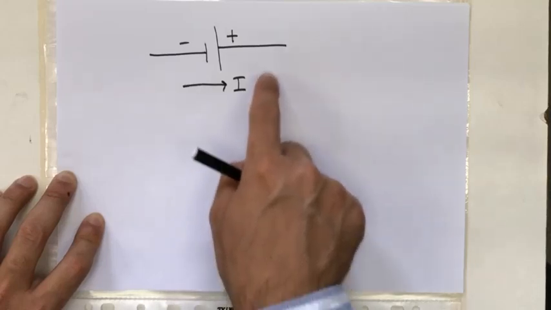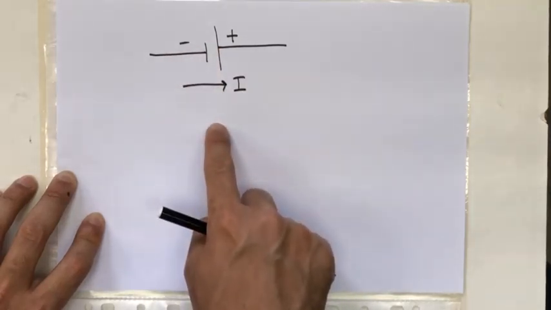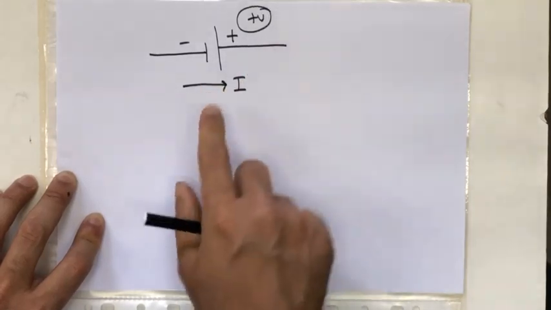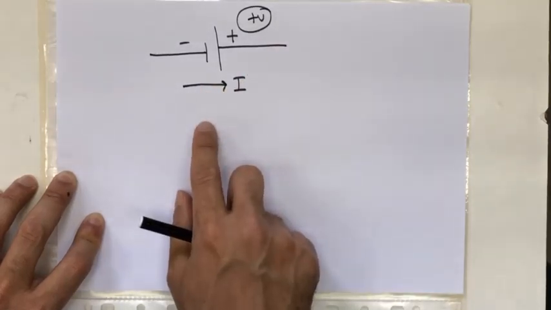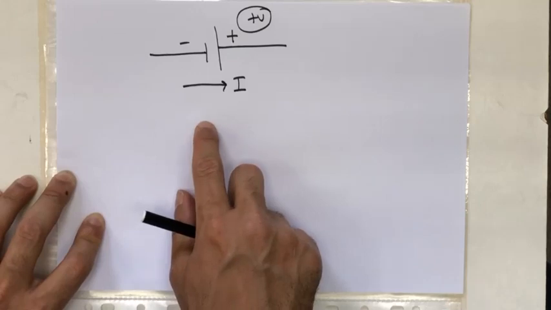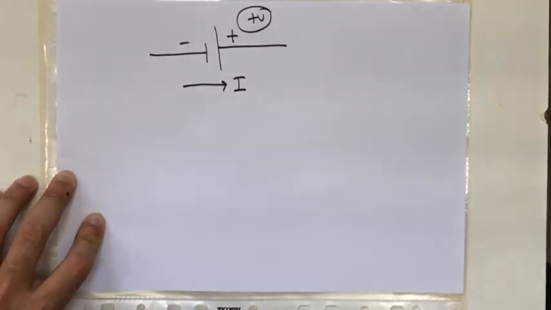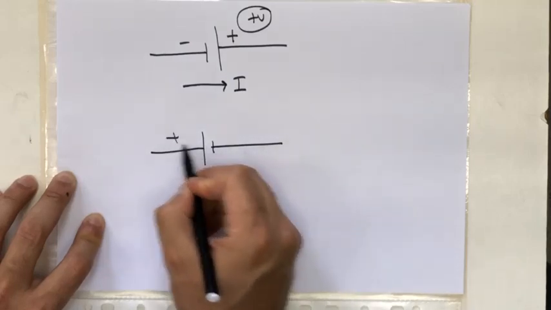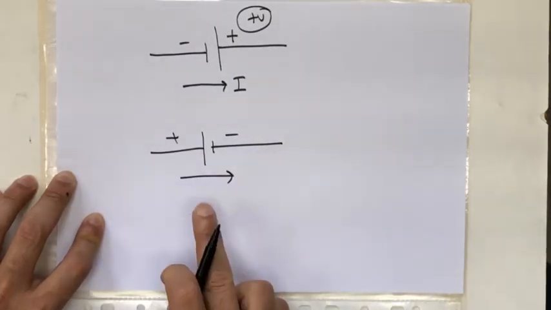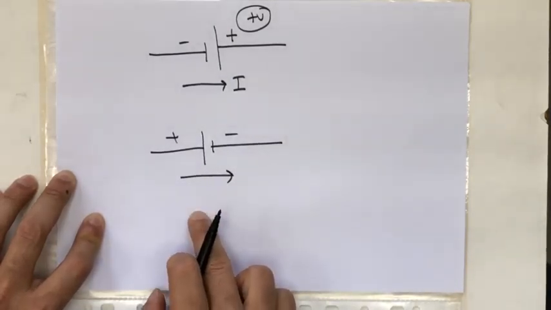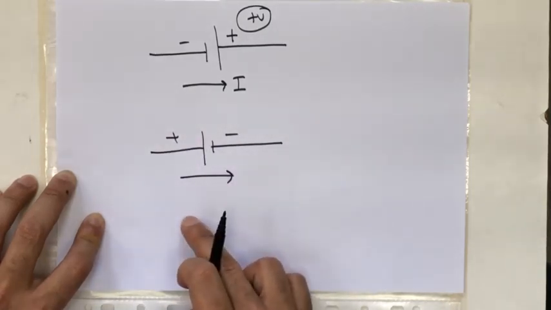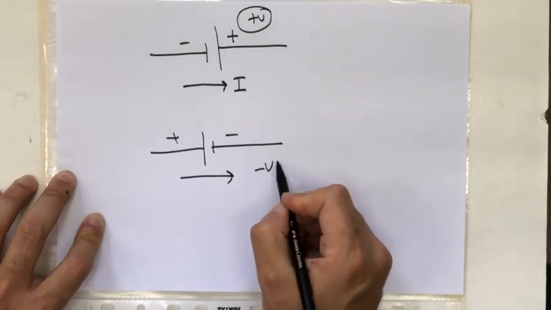So the potential difference across this battery will be written as a positive voltage. But if we reverse the polarity with the same current direction, let me draw it, the potential difference across it will be a negative voltage.